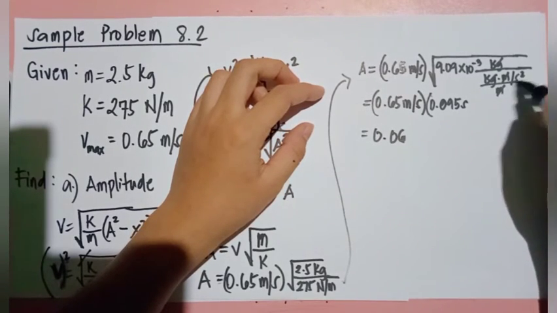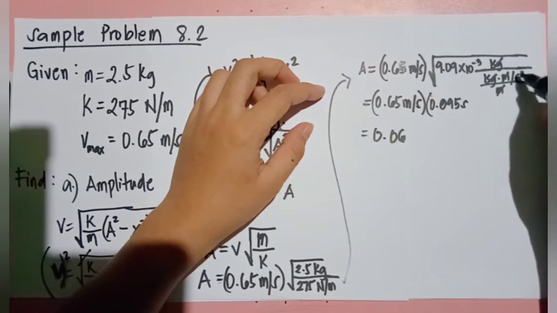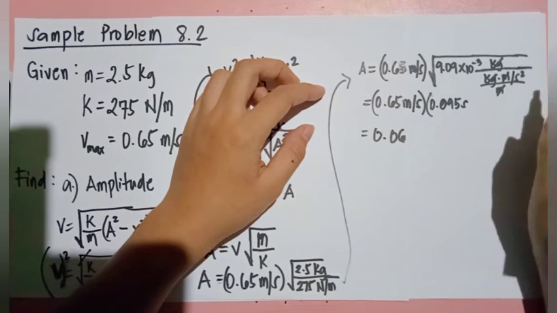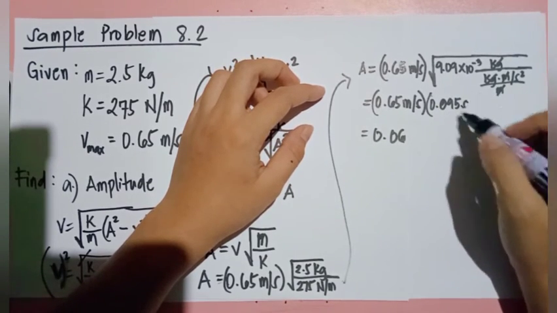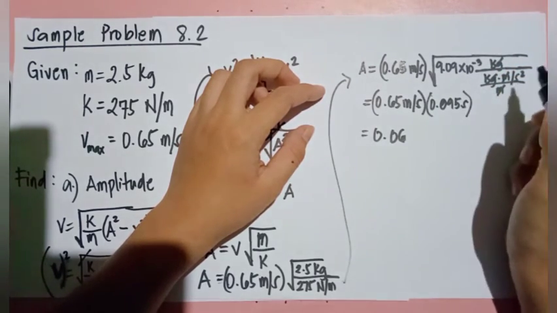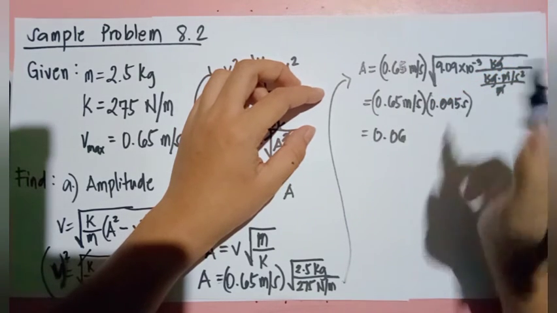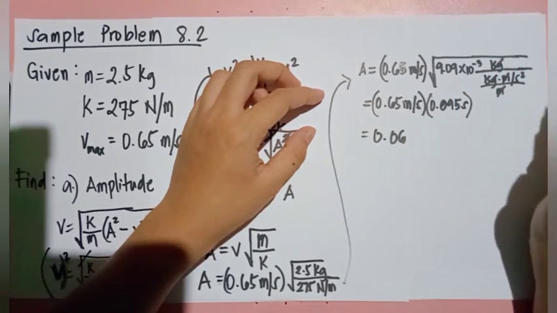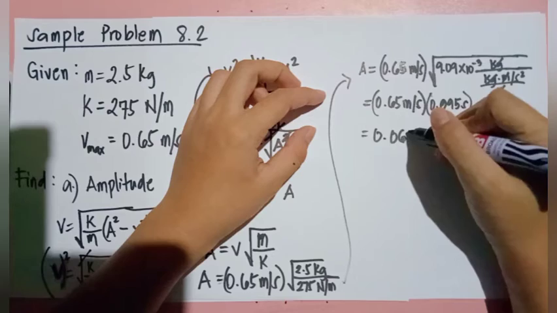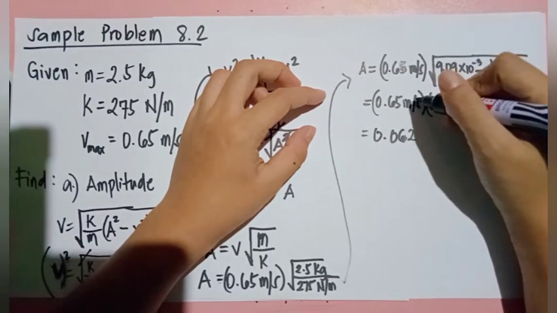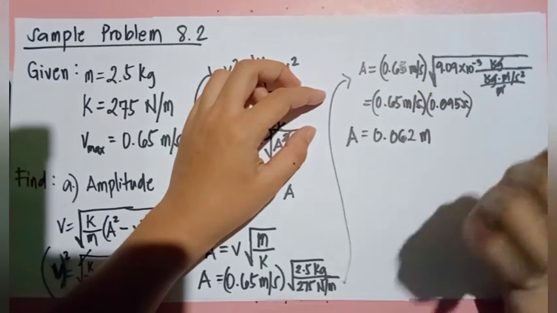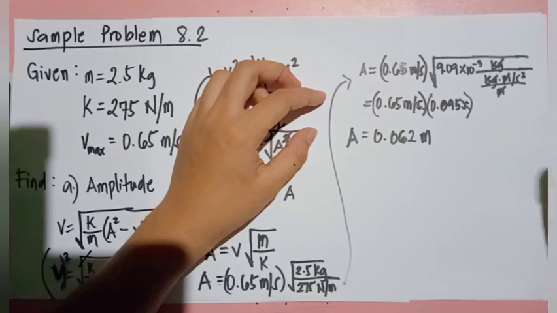Since we have here the remaining unit second squared under the radical sign, we extract the square root of this unit and get s, or second, as a result. So this 0.095 seconds multiplied to 0.65 meter per second, we will get 0.062, cancel seconds. Therefore, our amplitude is equal to 0.062 meter.